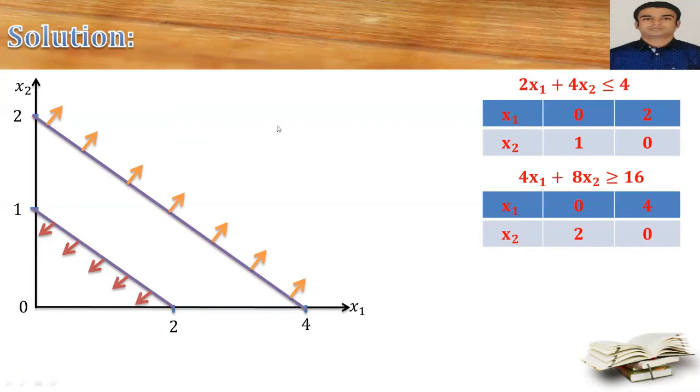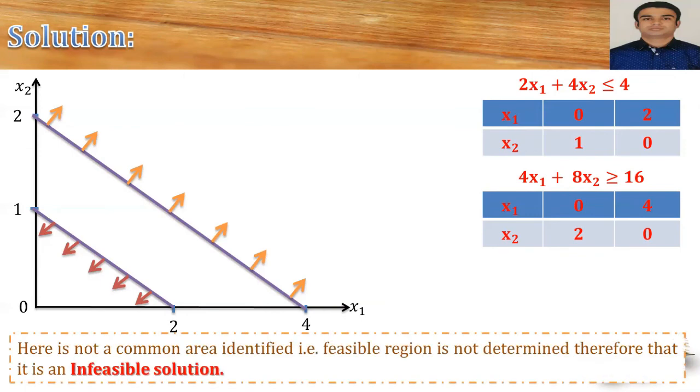Means no common area. So no common area is identified. That means the feasible region is not determined. Therefore, that is an infeasible solution. In this type of problem, we write only one line: no feasible area is determined, therefore that is an infeasible solution.